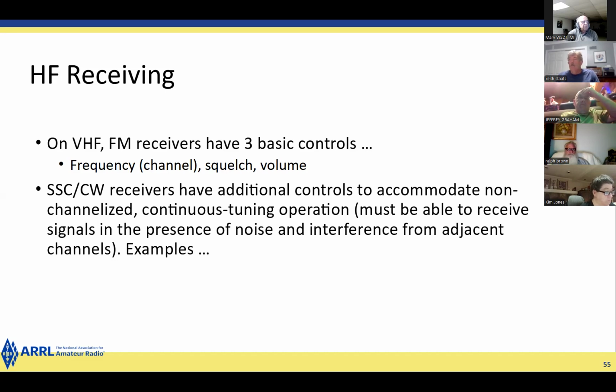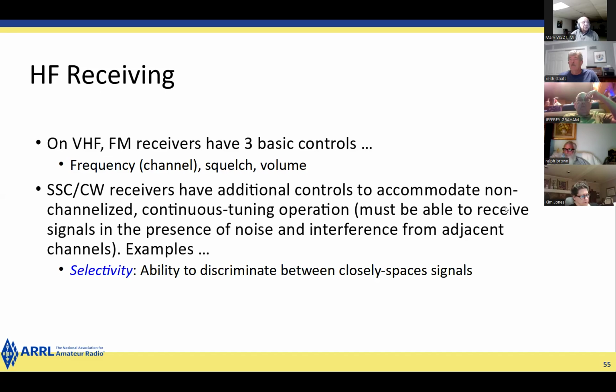You've got continuous tuning, so you must be able to receive signals in the presence of noise and interference. You have to be able to selectively pick out the signals, so you've got to have selectivity between the frequencies, between signals. It has to be sensitive to detect a signal.